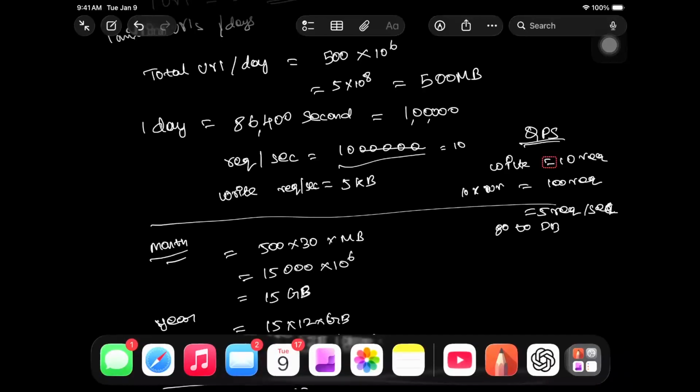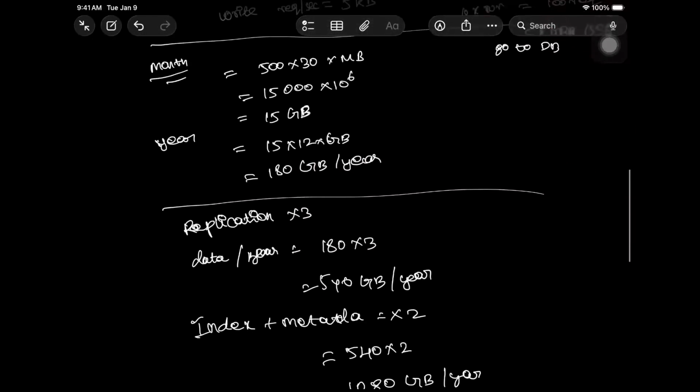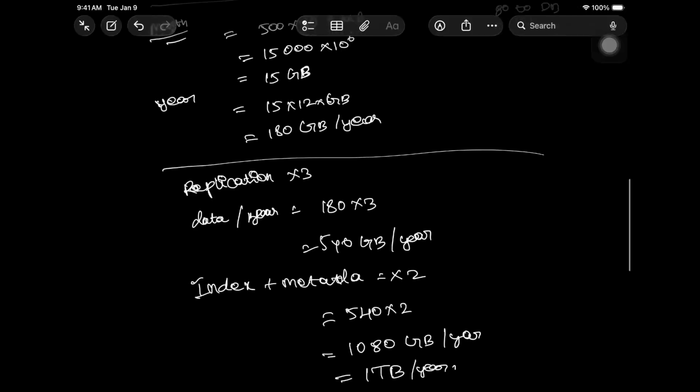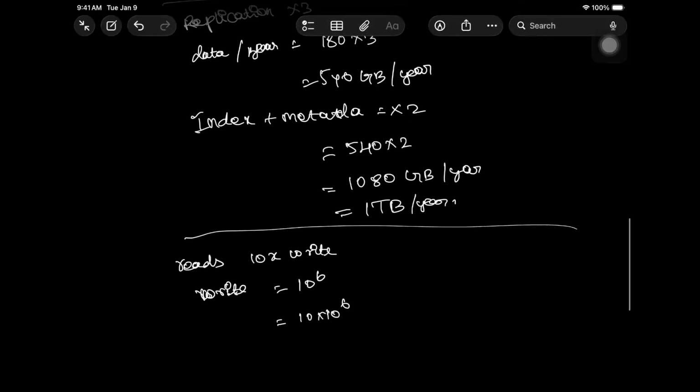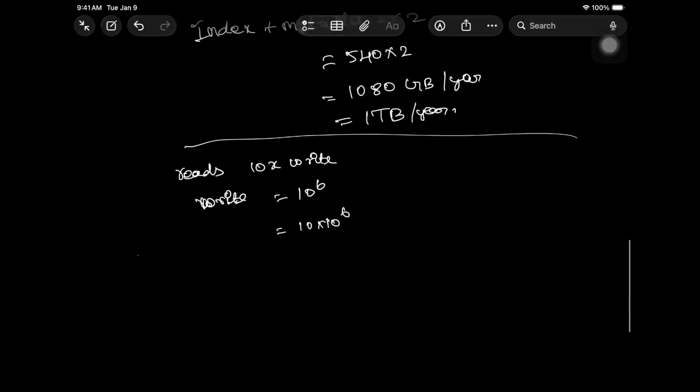If we have this many requests, then we can't store them in a single database. We need to use sharding, right? Where we can use hash-based sharding or range-based sharding. Range-based sharding is not ideal for this scenario, so we need to use key-based hash sharding.